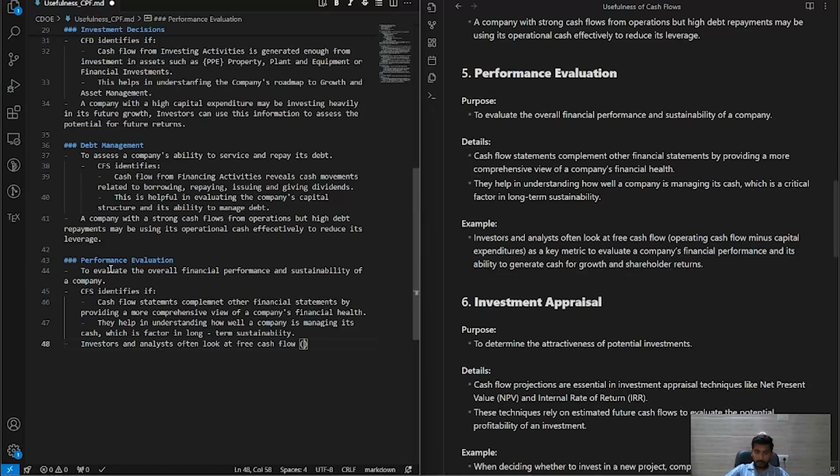Free cash flow is what? It is operating cash flow minus capital expenditure, a key metric to evaluate a company's financial performance and its ability to generate cash for growth and shareholder return.